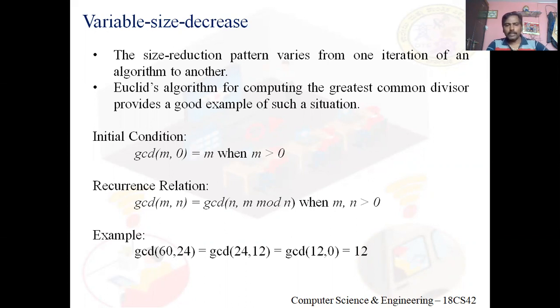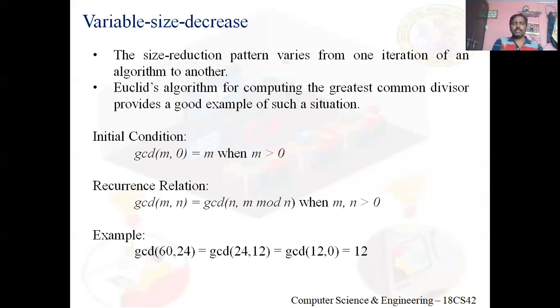Just have a look at the recurrence relation on the slide. What I have written: GCD of m comma n equals GCD of n comma m mod n. Mod means the modulus operator, which gives the remainder when m is divided by n. Got it?